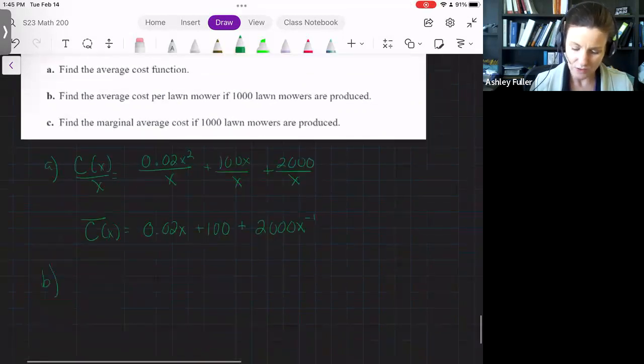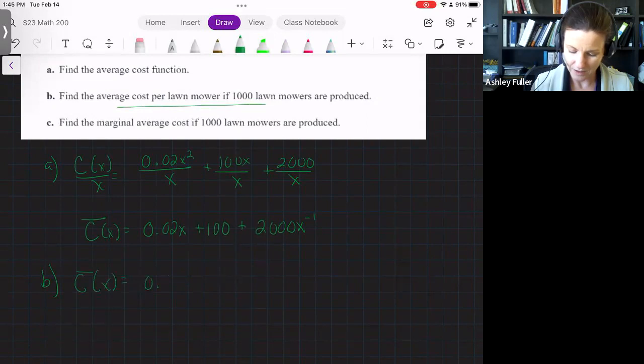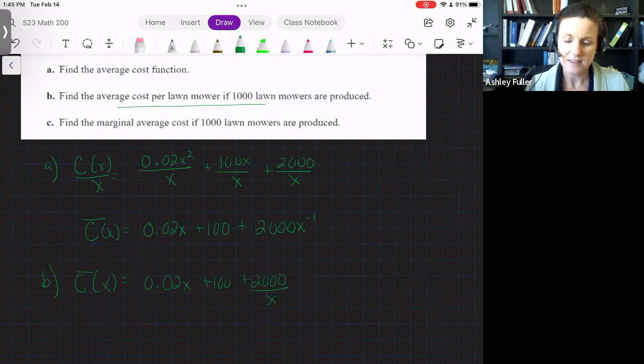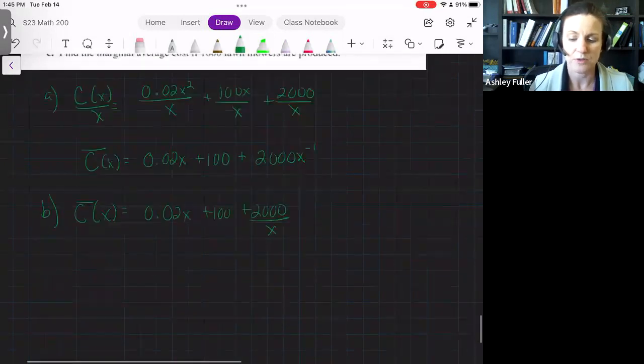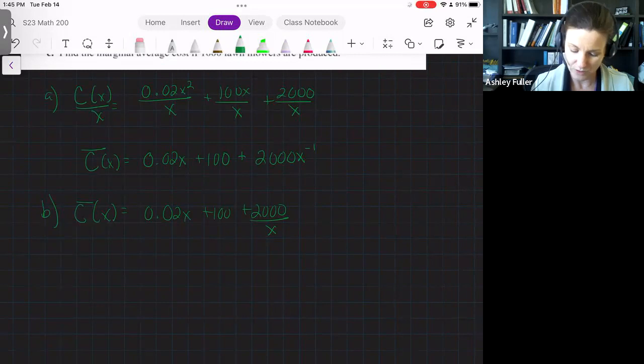Now, when we want to calculate here the average cost per lawnmower, notice that for C of x, we're simply going to plug in whatever value they have for x. In this case, they asked us to find the average cost per lawnmower if 1,000 lawnmowers were produced. So I'm going to find the average cost for 1,000 lawnmowers.